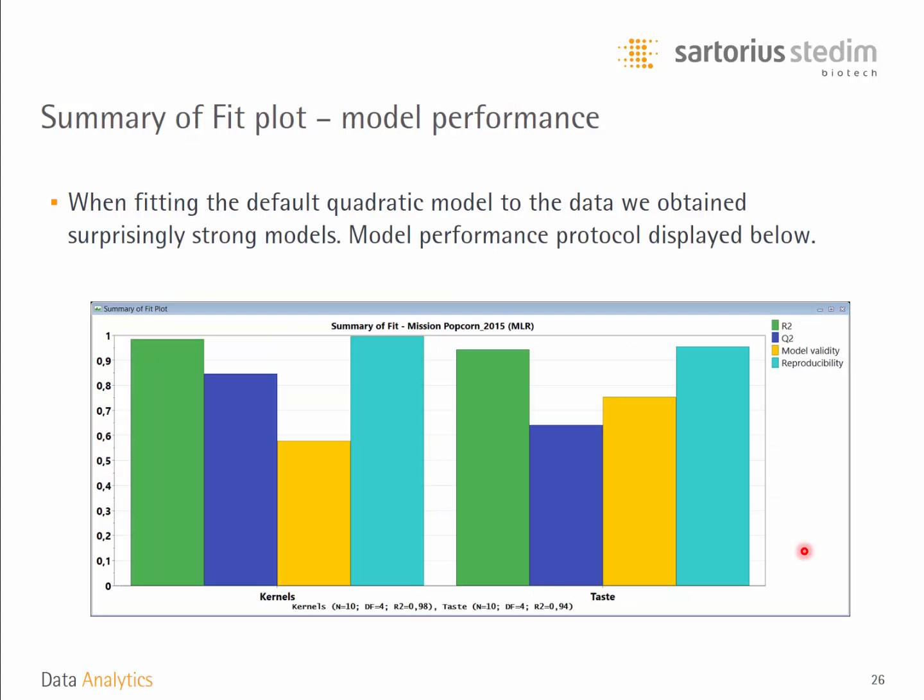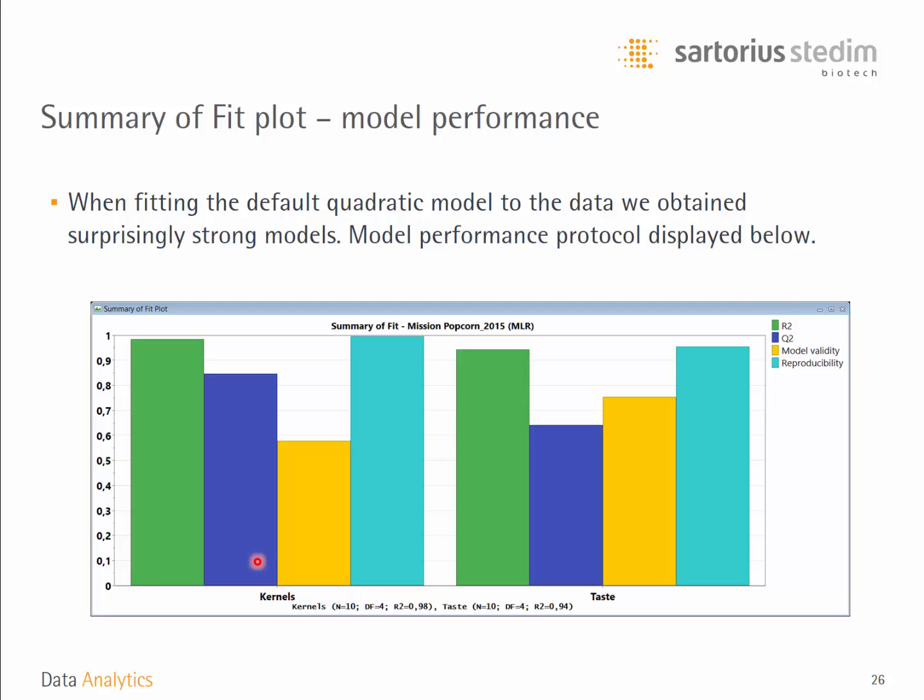Another plot that is part of the Analysis Wizard is the so-called Summary of Fit plot, which contains 4 model performance statistics. We get 4 bars for each model. We have one set of statistics here and the other quartet of statistics here for kernels and taste. Without going into any details, what is important to remember is that we would like these 4 bars to be as high as possible, and the closer to 1.0 the better.